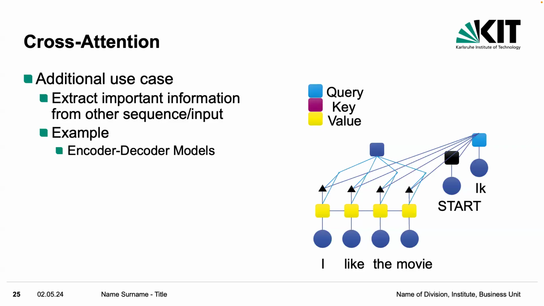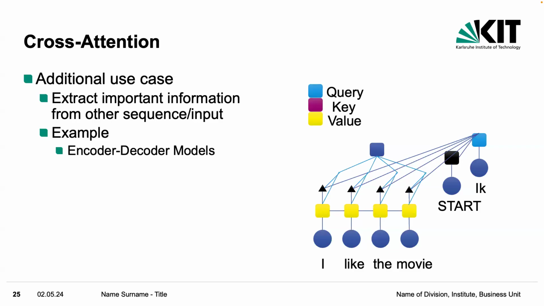For example, in translation, you have an input sequence and an output sequence, and one sequence wants to extract information from the other. You can do this with cross attention. The idea is very similar. The only difference is that your query comes from another part of your model than the keys and the values.